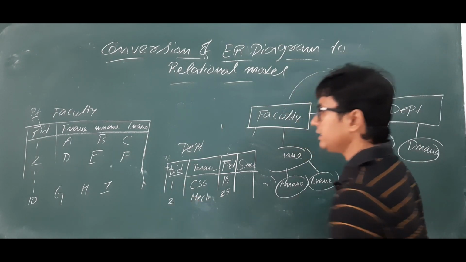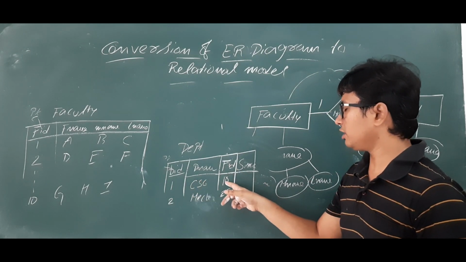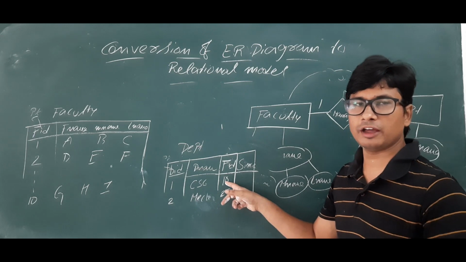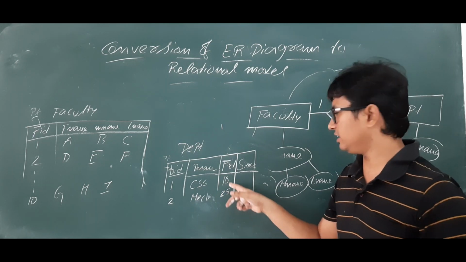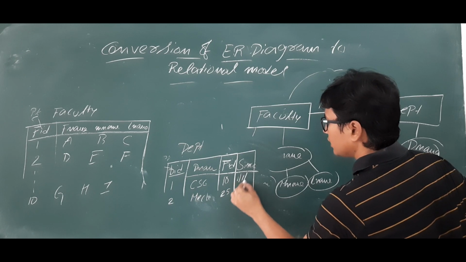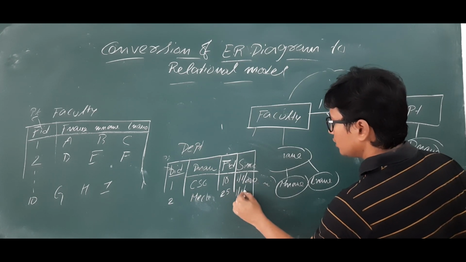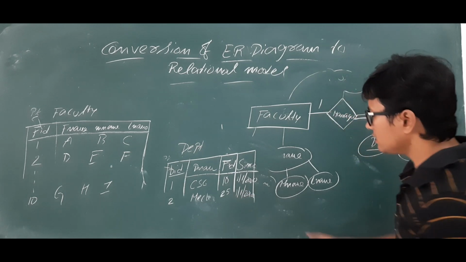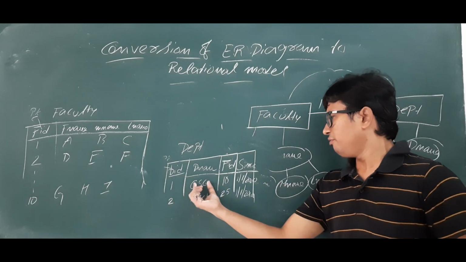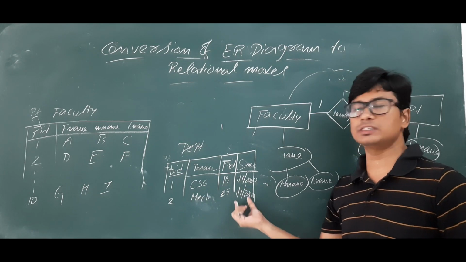Now department has name CSC, faculty ID 10, and he is acting as a HOD from 1/1/2020, and another from 1/1/2019, like that. This is better because for a department, one HOD is there and you are entering the data from since he is.